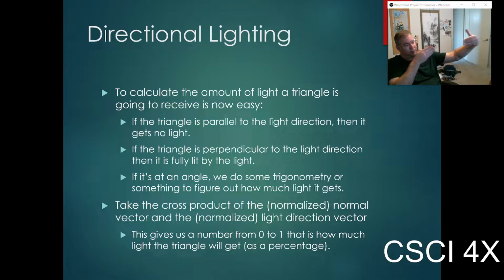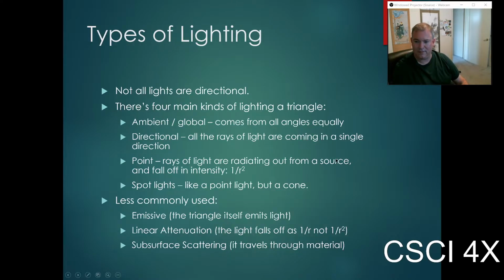If you're pointed right at it, the degrees are 0, and as you start pointing away from it, the degrees drop. When you're at a 90-degree angle, the cosine of 90 degrees is 0, right? So when your surface is pointed at an exactly 90-degree angle, all the light passes right by, you get no lighting from it. Okay, so that's the upshot of lighting.